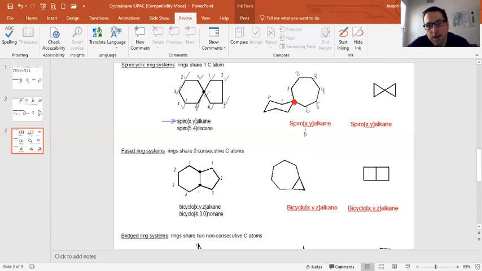You may be asking, could I have gone clockwise? It doesn't matter if you go clockwise or counterclockwise. What matters is that you collect all the carbon atoms and you don't count the origin as part of this carbon collective. So 6, 5: spiro[6.5].